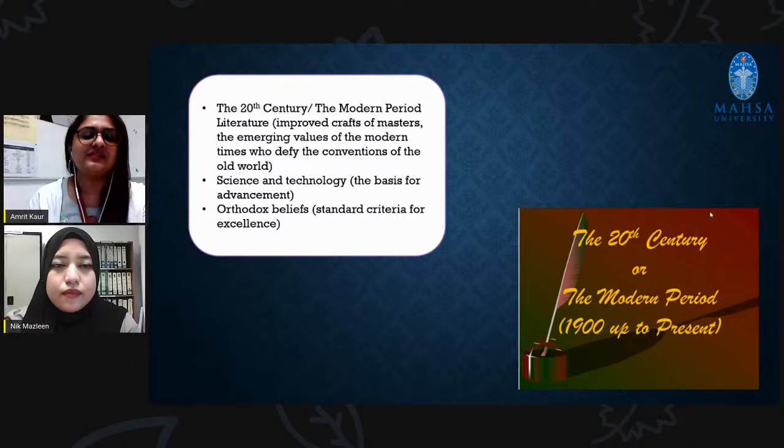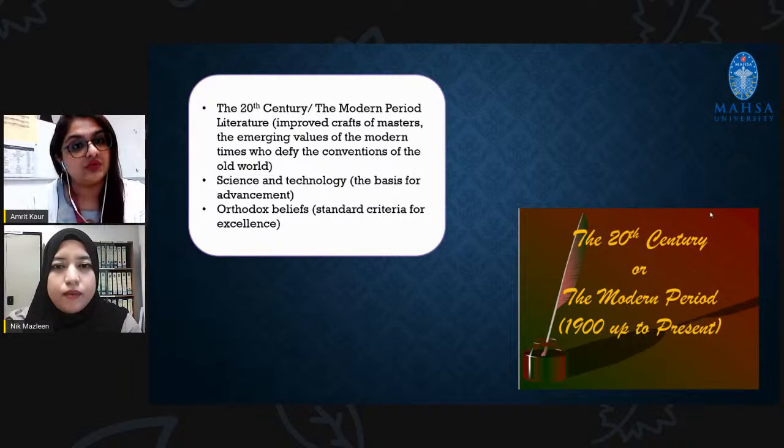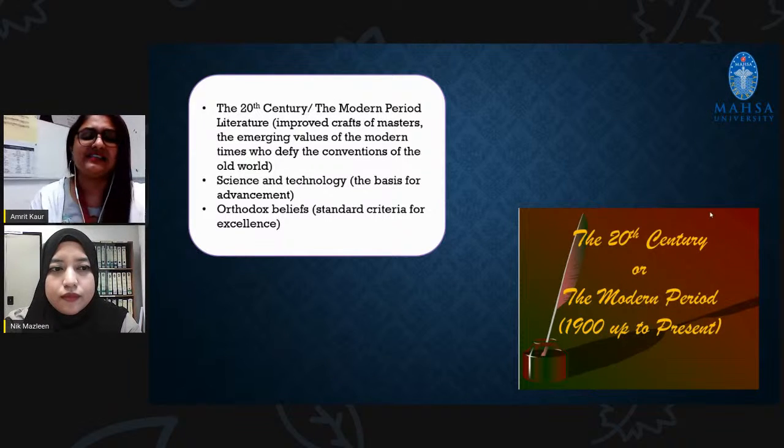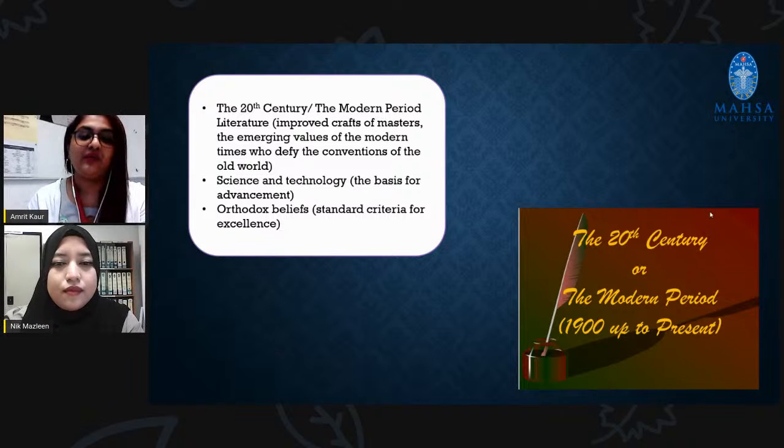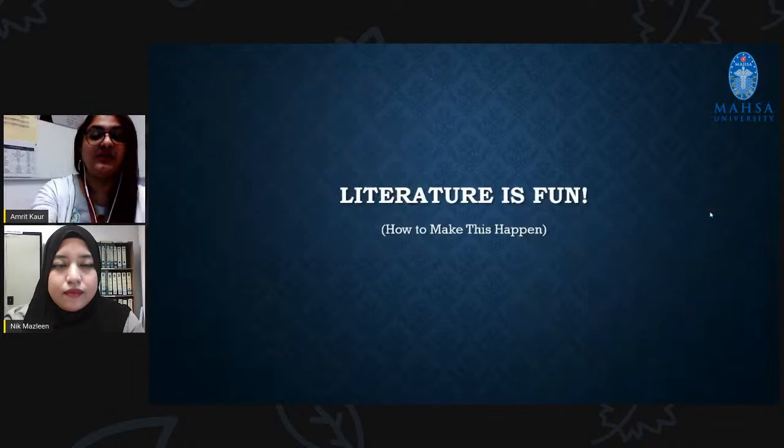The emerging values of the modern times are embodied in the works of authors who defy the conventions of the old world. Science and technology became the basis for advancement, while orthodox beliefs are no longer considered standard criteria for excellence. The emerging needs for radical changes became the order of the day. So these are all the periods that we have.